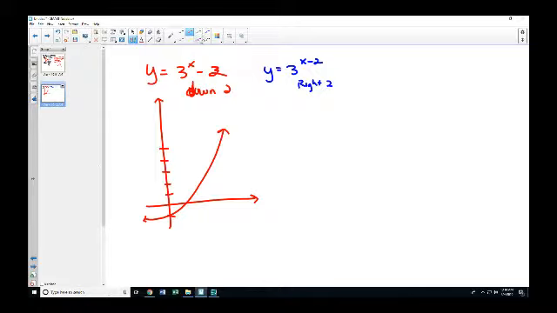Versus this, which is going to move right 2 units, not left. And it's still going to travel the same, we just move this spot right 2 units. So you can still use your parent function knowledge in this.